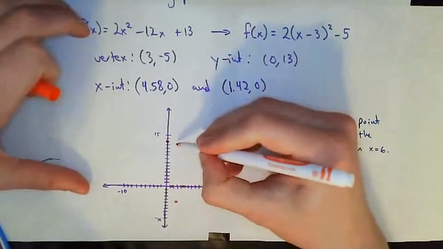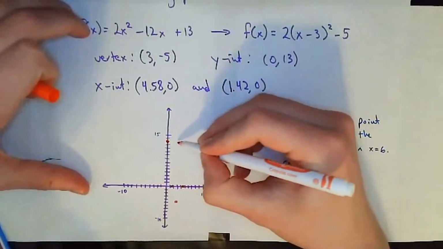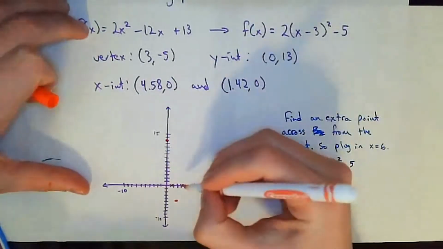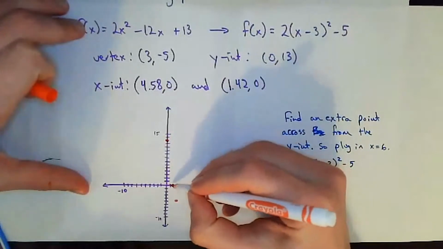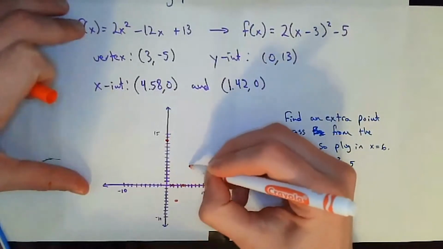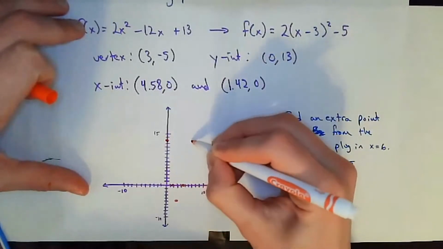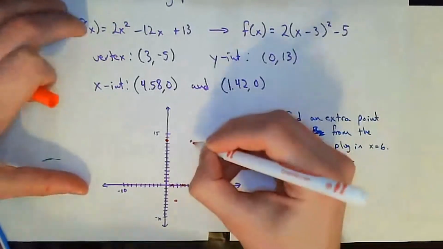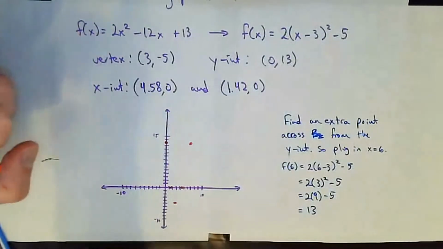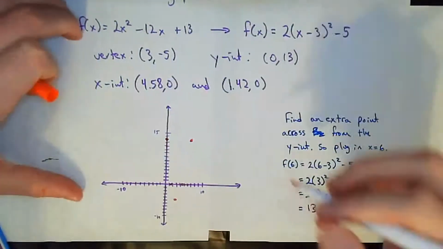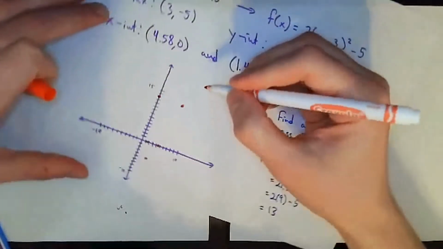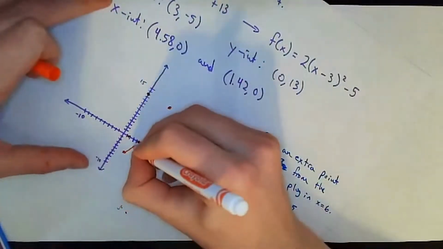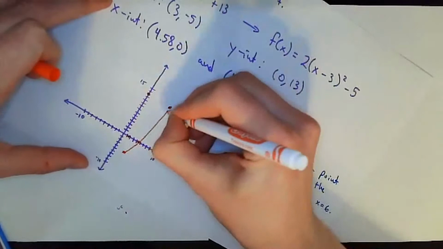And saying, oh yeah, there should be a point that's just as far away from the vertex that's also at 13. 1, 2, 3, 4, 5, 6, 13, roughly there. You don't have to find it. Finding that was not part of this exercise, but it can be really helpful, and it's a good thing to note.